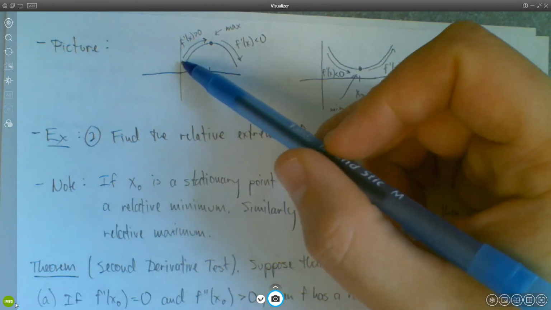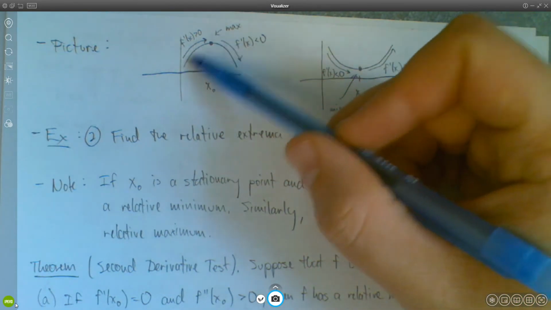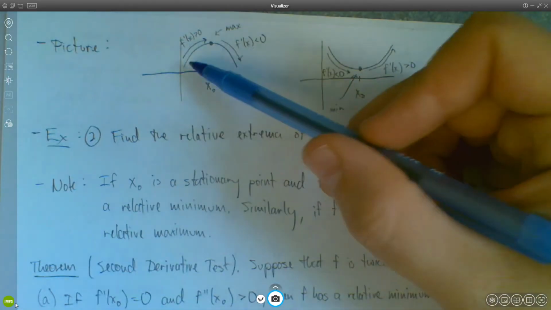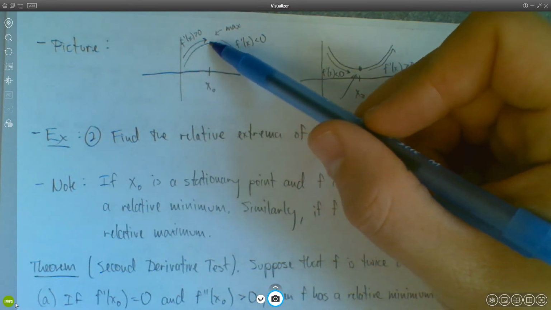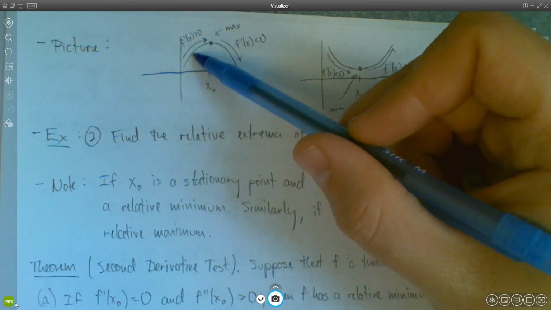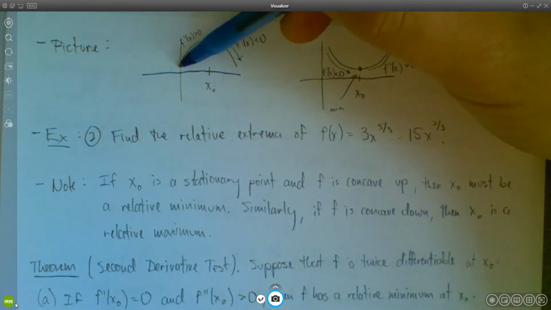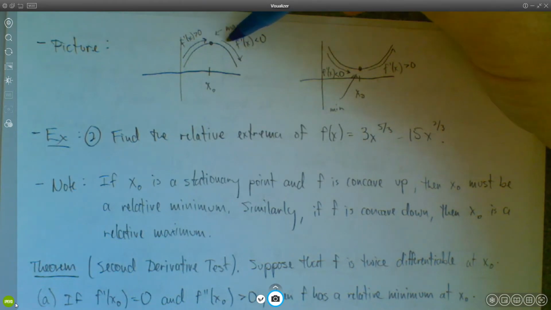So if you imagine that this is your function, clearly you've got a relative maximum. Notice that your derivative up until this point is positive because the function's increasing. And then here the function's decreasing, and so your derivative is negative. So this point right here, for one thing, is a stationary point, so it's a critical point.